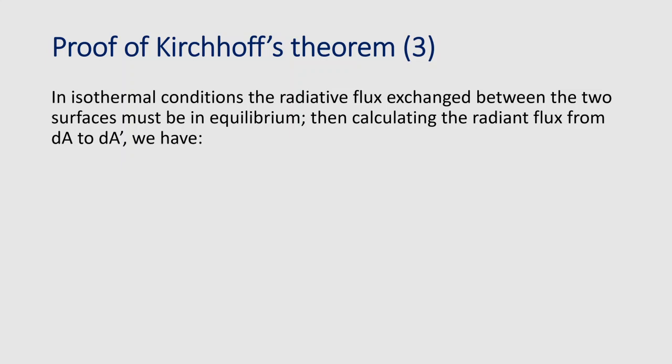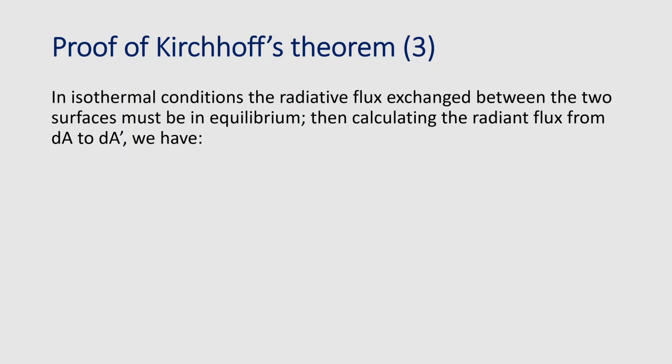So, for example, in a lab, we have this radiant cavity, we have two different surfaces, and we have spectrometers, and we are measuring inside the radiant cavity the energy that is emitted by dA and what is emitted by dA1.